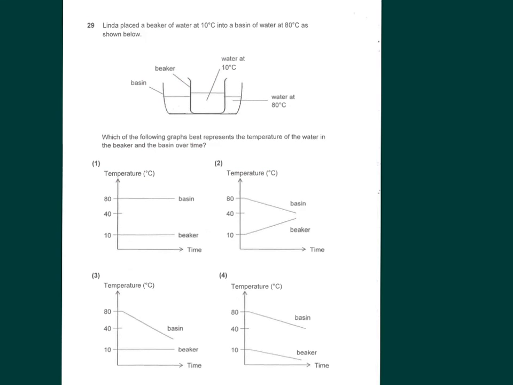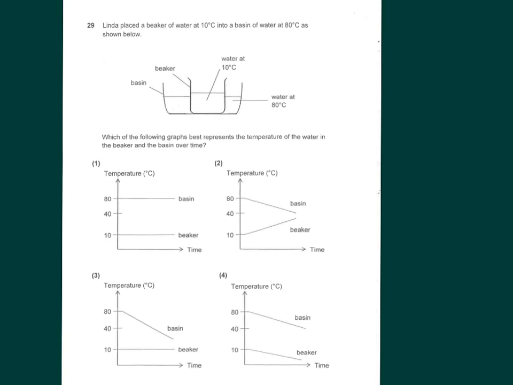Question 29. Linda placed a beaker of water at 10 degrees Celsius into a basin at 80 degrees Celsius as shown. Which of the following graphs best represents the temperature of water in the beaker and the basin over time?